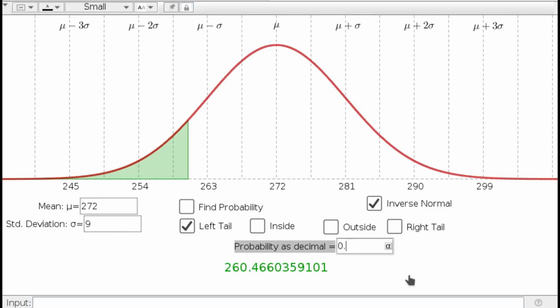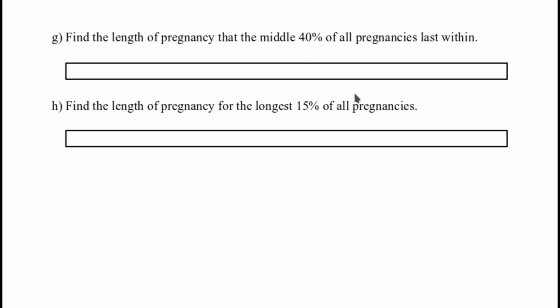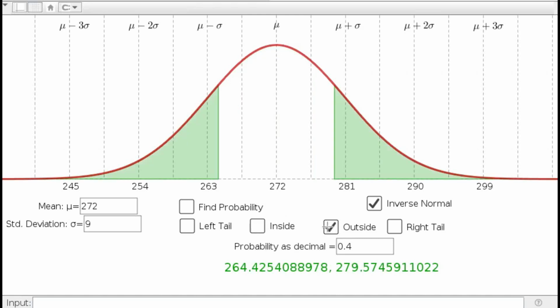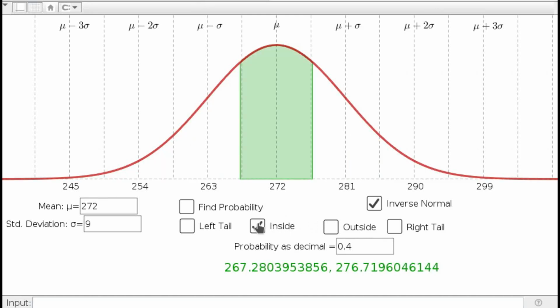We want 40% to be captured, and we want it to be captured in the middle. So that is around the mean. So let's look at being inside. Notice that the other option would be outside, but we're interested in inside. That is the middle portion. So it tells us that 40% of pregnancies are between 267 days and 276.